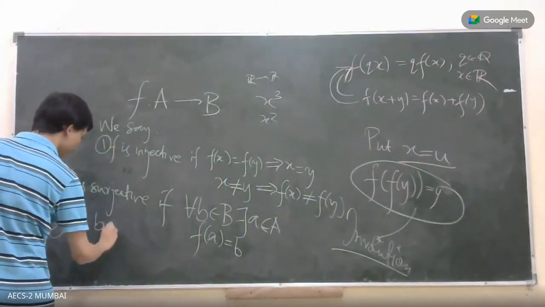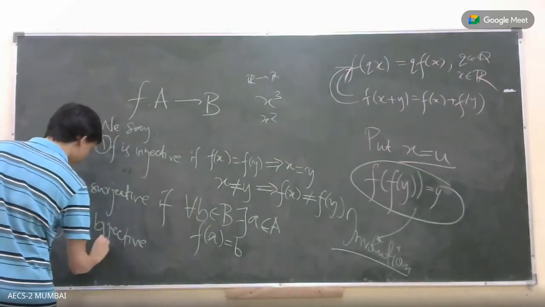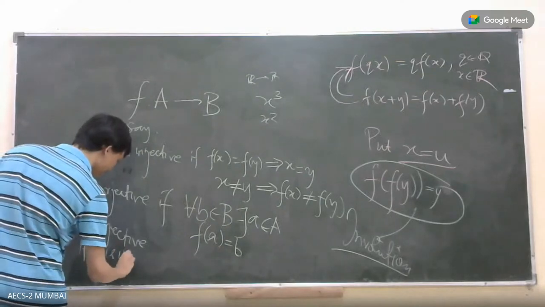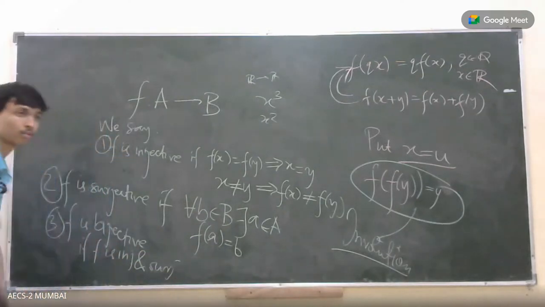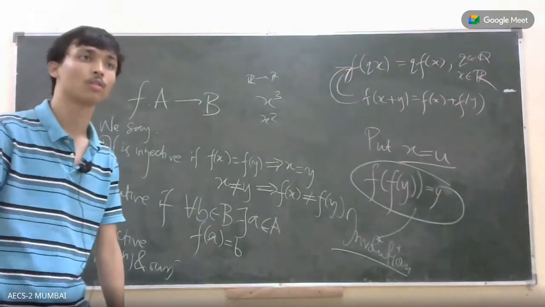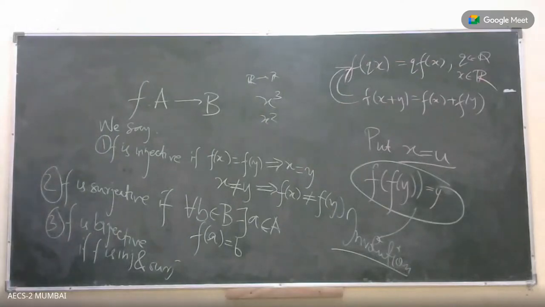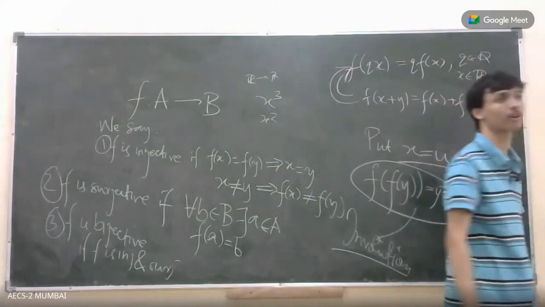f is bijective if f is injective and surjective. So what does bijective mean? I mean, okay, it's injective and surjective, but what does it mean in terms of functions?